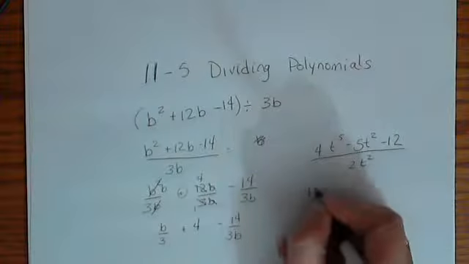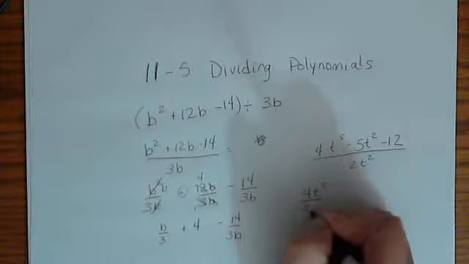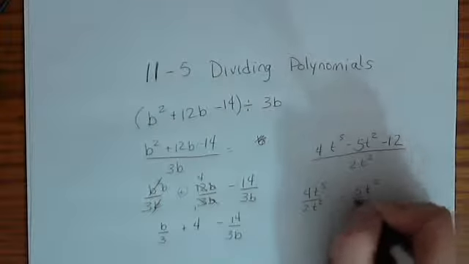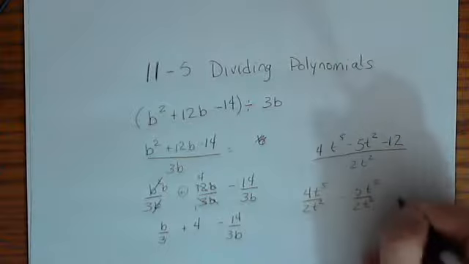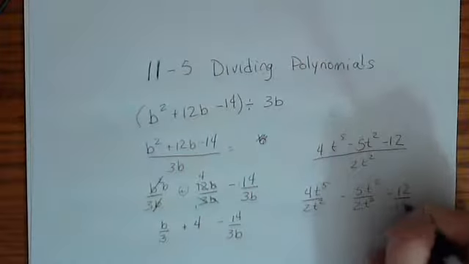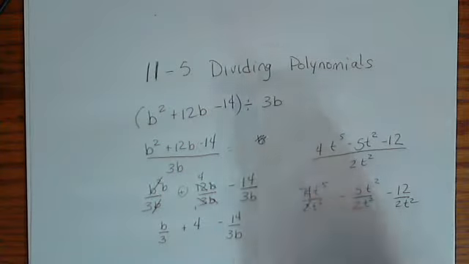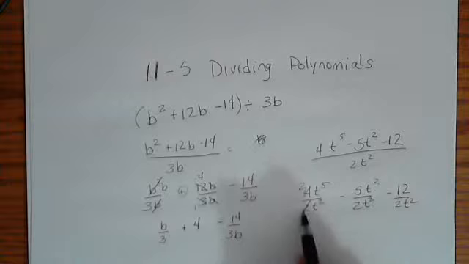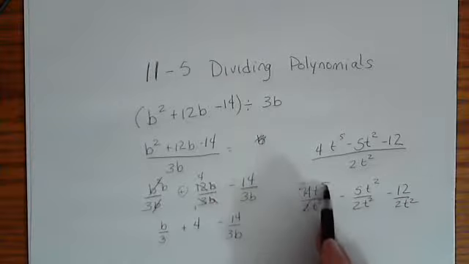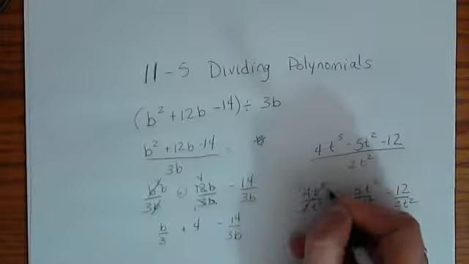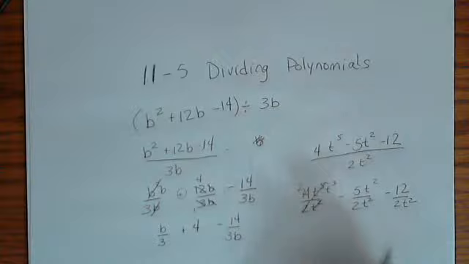So I have 4t to the 5th over 2t squared minus 5t squared over 2t squared minus 12 over 2t squared. So there's a 2 there that cancels off because I had a 4 on top and a 2 on the bottom. Here I have a t to the 5th and a t squared, so I can change that to t cubed because 2 of those t's will cross off.